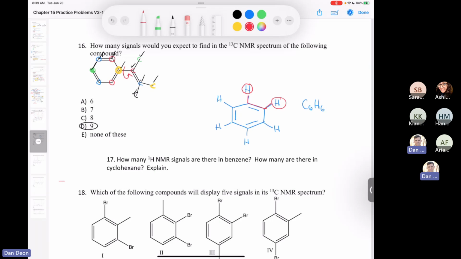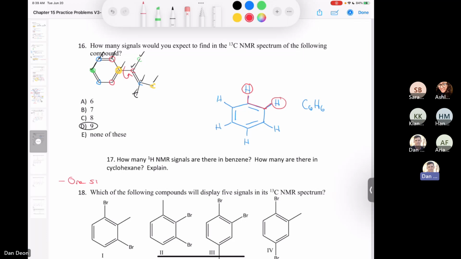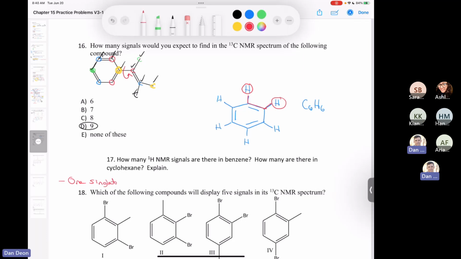We're only going to get a singlet, so we see one singlet, because protons that are chemically equivalent do not split each other. It doesn't happen. There's no splitting. Okay? So for benzene, all you would see is one singlet.